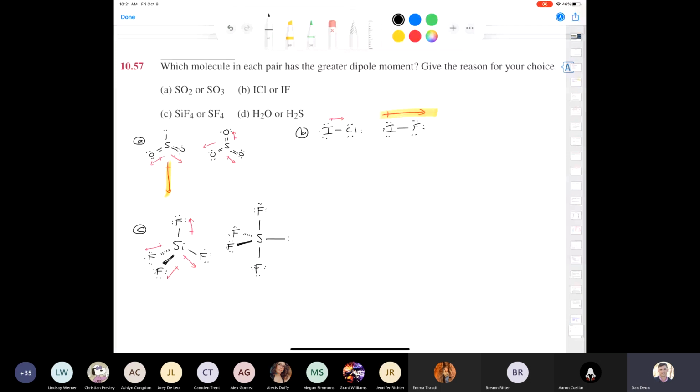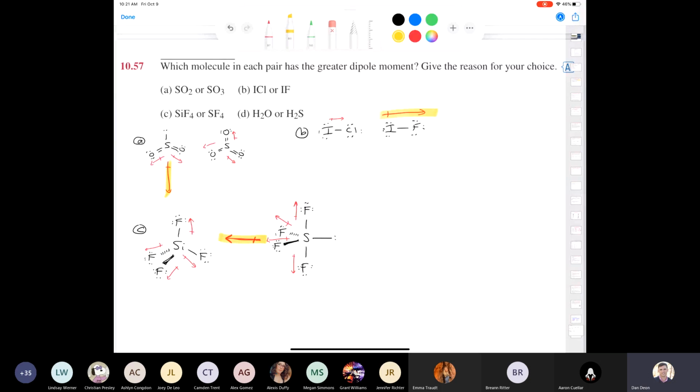We've got 2 dipoles that cancel on the ends like this, and yes, they do cancel, but I've got 2 dipoles pulling in this direction over here. And so the resultant is that the net dipole is going to be going in this direction, like that. And so the answer there is SF4.